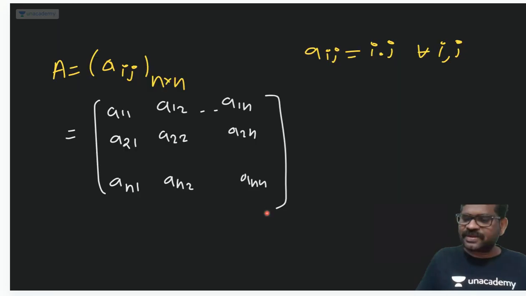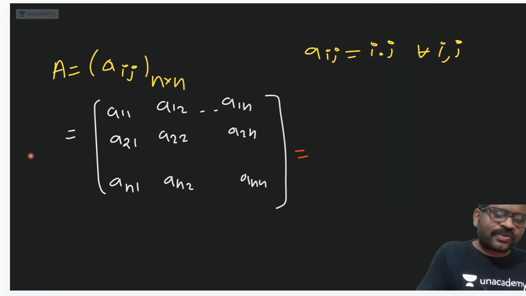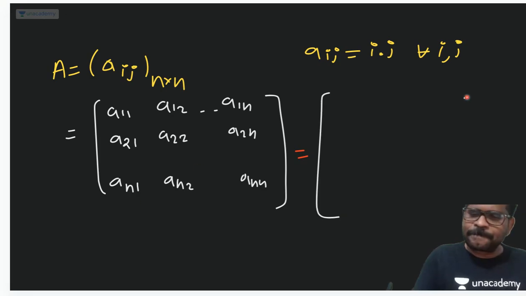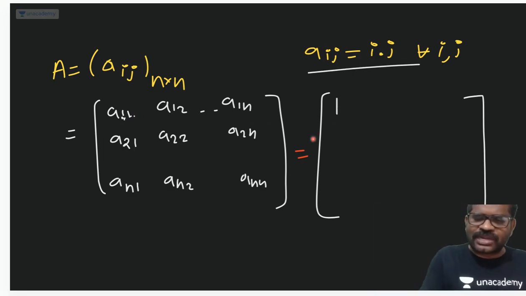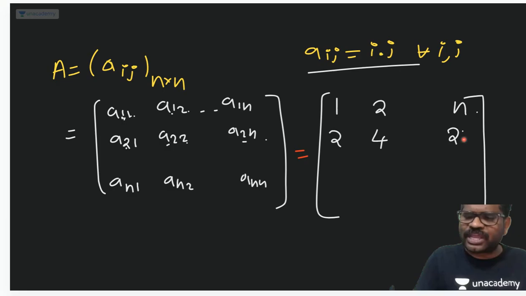Come here. Now, multiply. Observe, A_ij equal to i into j, na? 1 into 1, 1. 1 into 2, 2. 1 into n, n. 2 into 1, 2. 2 into 2, 4. 2 into n, 2n. n into 1, n. n into 2, 2n. n into n, n square.